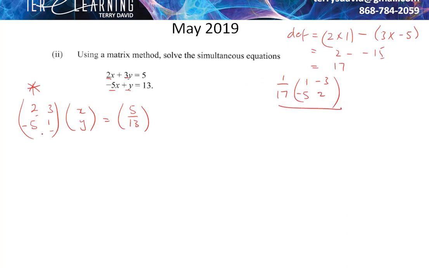I need to take the inverse matrix and multiply by both sides of my equation. So that will be 1 over 17 by 2, 3, minus 5 and 1, multiplied by 2, 3, minus 5 and 1, x, y.